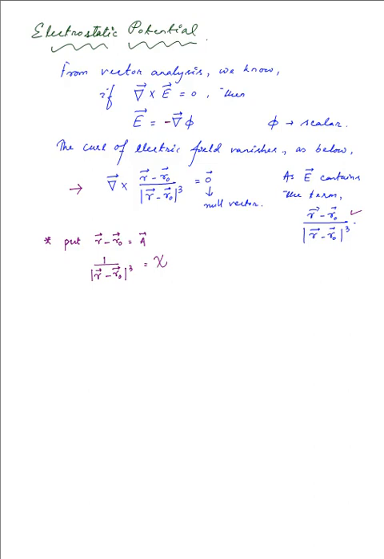So the curl of chi a, chi being the scalar, is equal to the gradient of the scalar cross a, plus the scalar quantity multiplied by the curl of the vector.